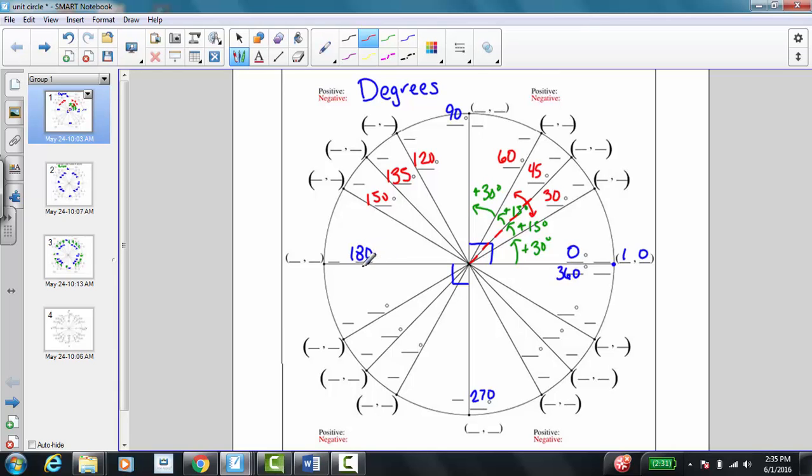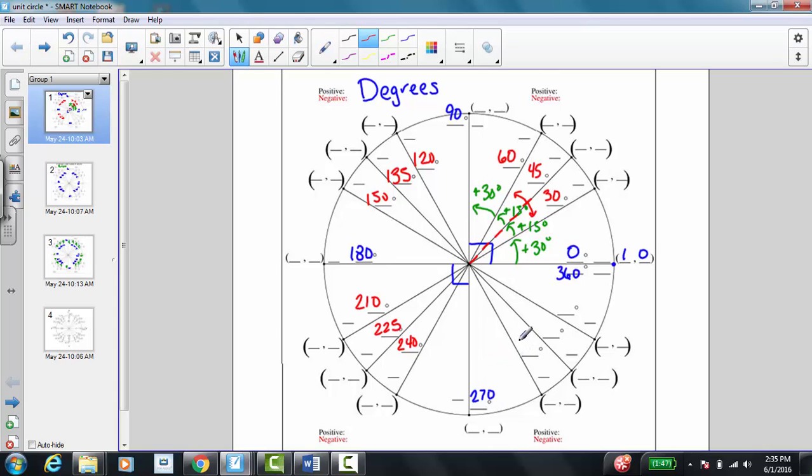From 180 degrees, I again want to add 30 degrees, which gets me to 210 degrees. I then want to add 15 degrees, and I get 225. Adding 15 again gets me 240 degrees. Adding 30 degrees better get me 270, which it does.